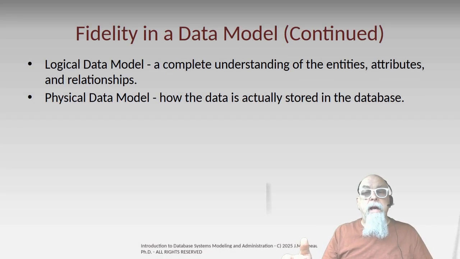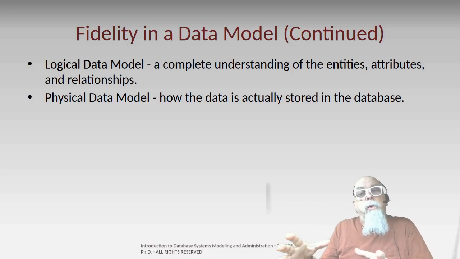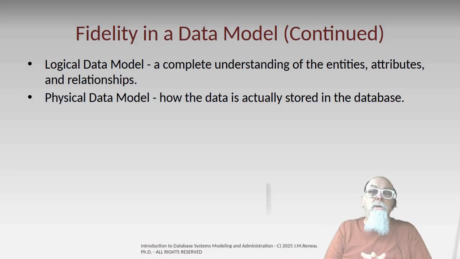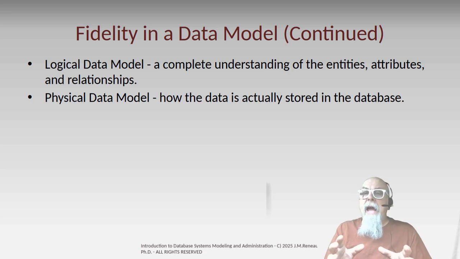The next two fidelities, which each get into more and more detail as we go through the different layers of fidelity, are the logical data model, which includes a complete understanding of the entities, the relationships, and the attributes of the entities. Like with the actor I mentioned earlier, their name, their birthday, their role, all of those kinds of things are attributes within the entity of the actor.